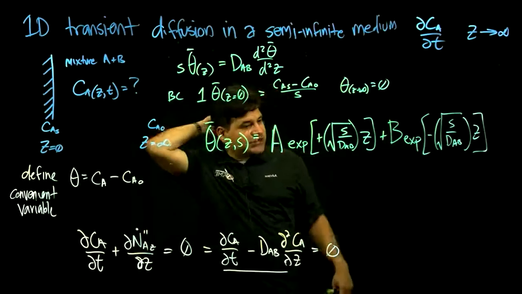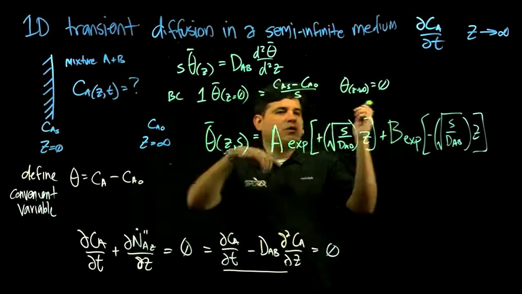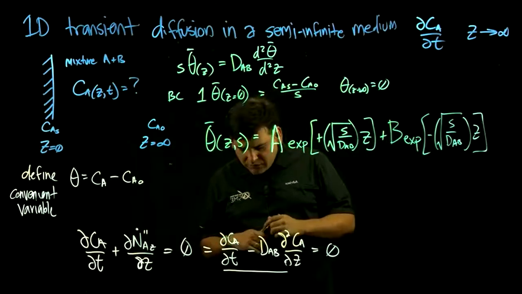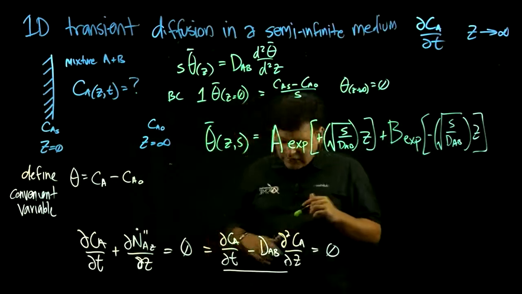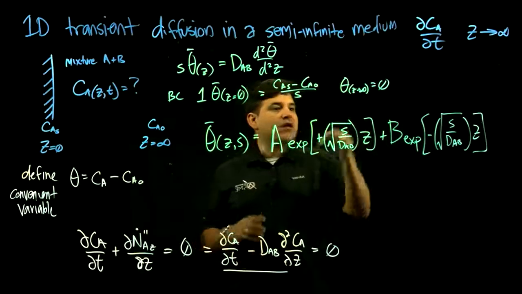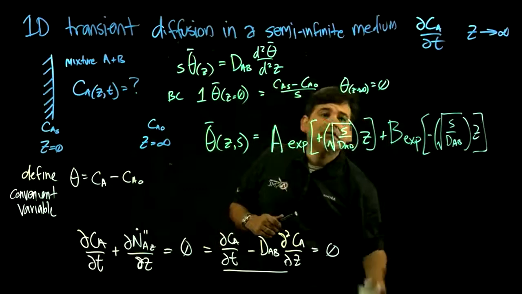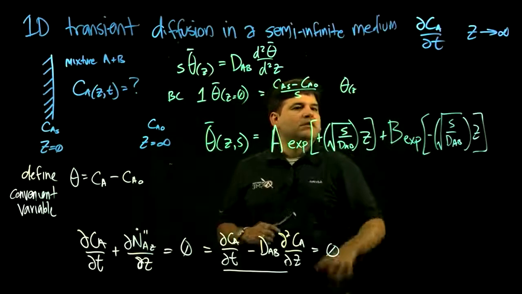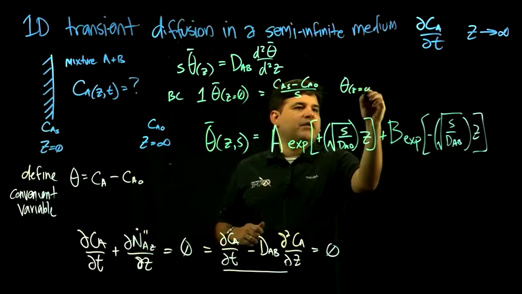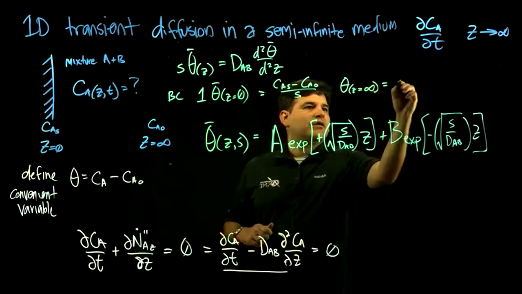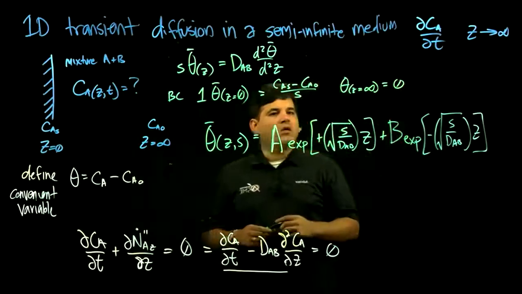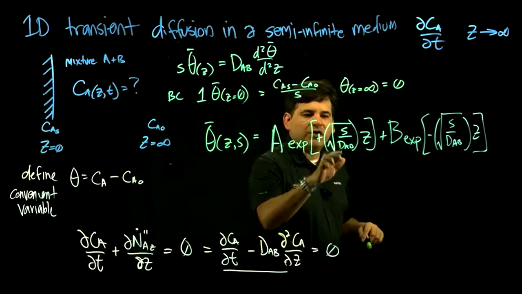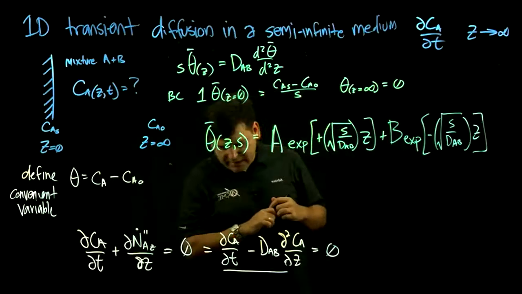The next question is, what are these constants? Well, if we apply these boundary conditions to it, to satisfy this boundary condition at infinity, this has to go to 0. The only way to satisfy this boundary condition with this equation is that A has to go to 0.